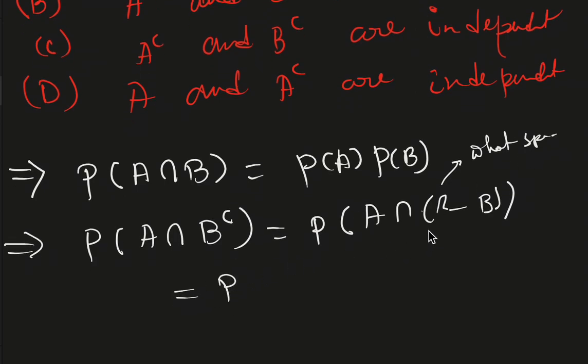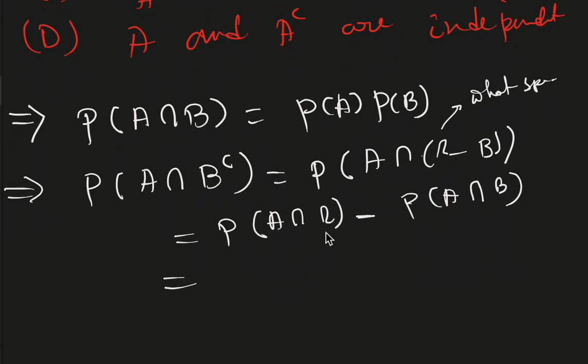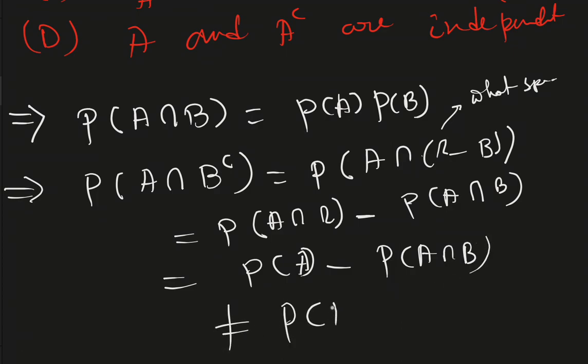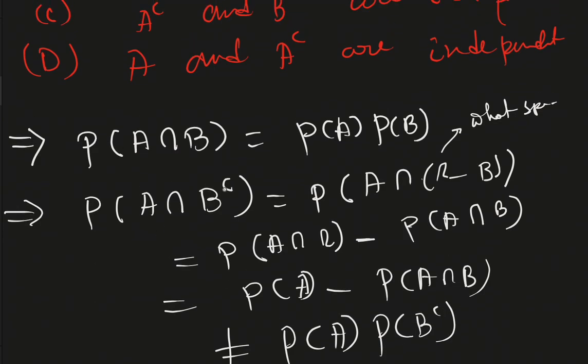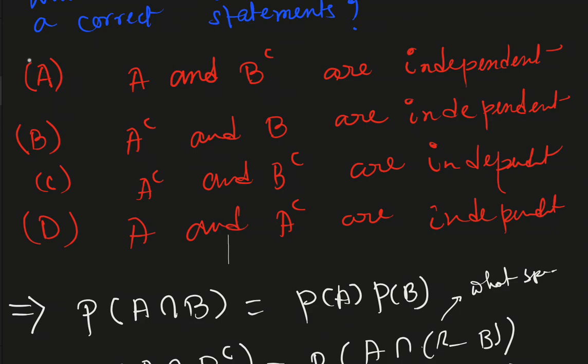So P of A intersection these minus P of A intersection B. Since in the whole space A is there, the intersection between A and the whole space will be A. So P of A minus P of A intersection B, which is not equal to P(A) P(B complement). So A and B complement are not independent, so this is not true.